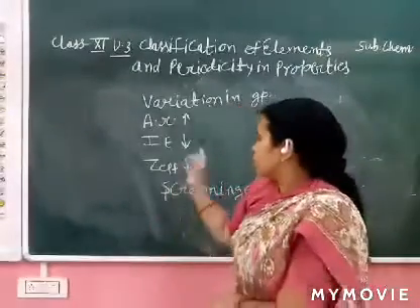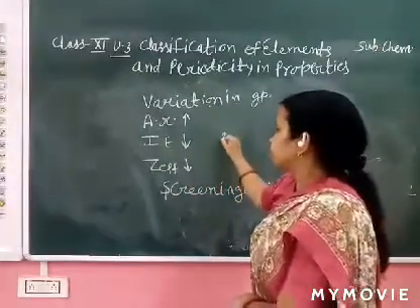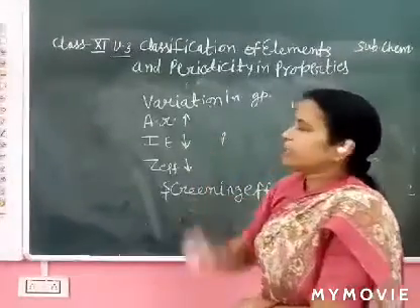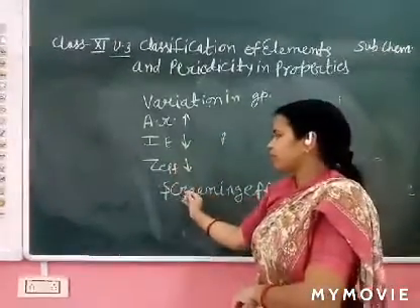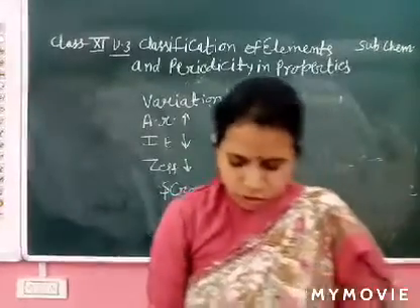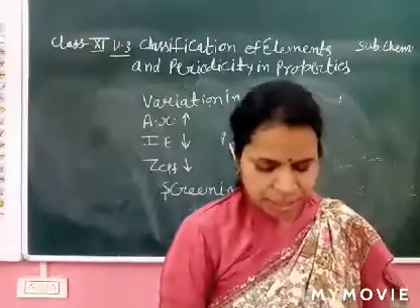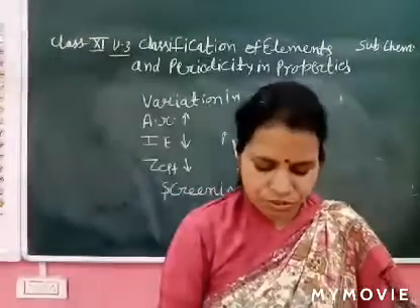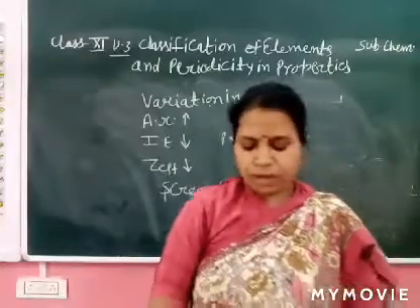There is also an increase in proton number, but it can't be compensated by the Z effective and screening effect. So the valence electron becomes less and less firmly held by the nucleus, and hence the ionization energy is decreased. Clear, all of you?